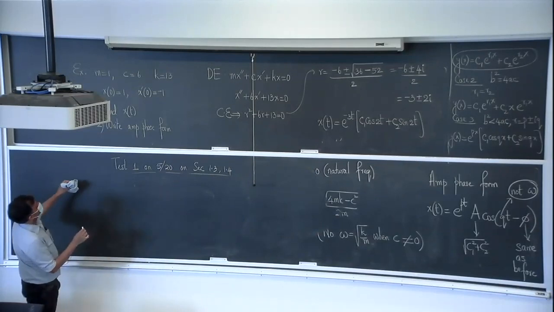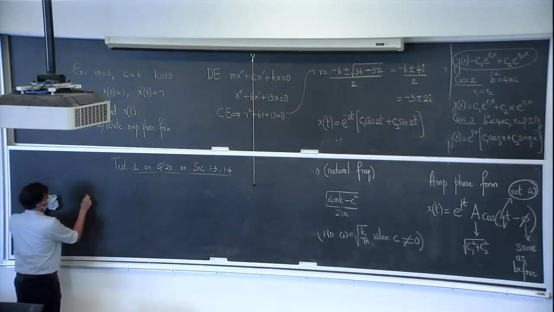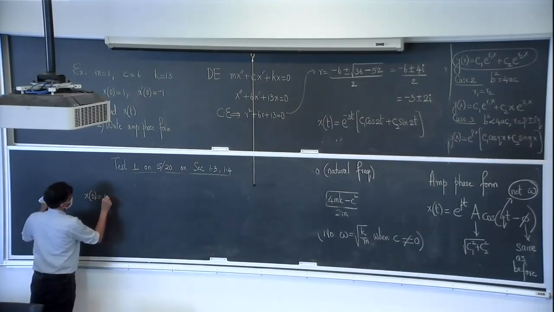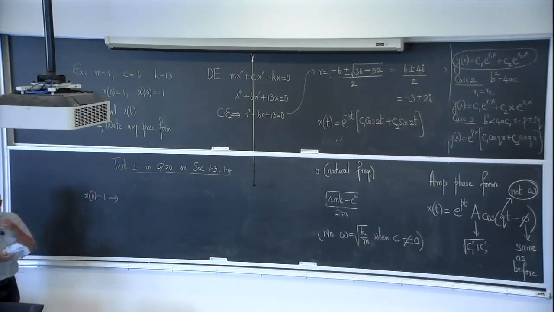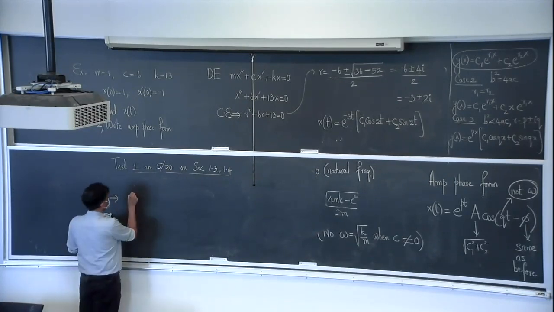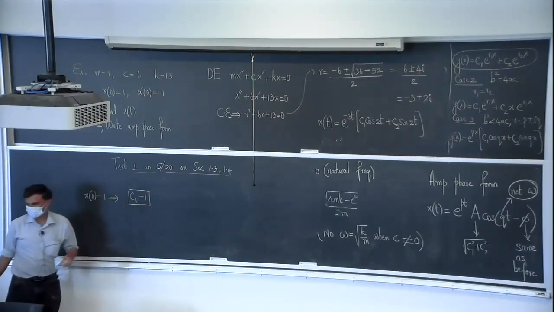All right, so x of 0 is 1. So if you plug in t equal to 0 there, you get C1 equal to 1. That's the easy one.